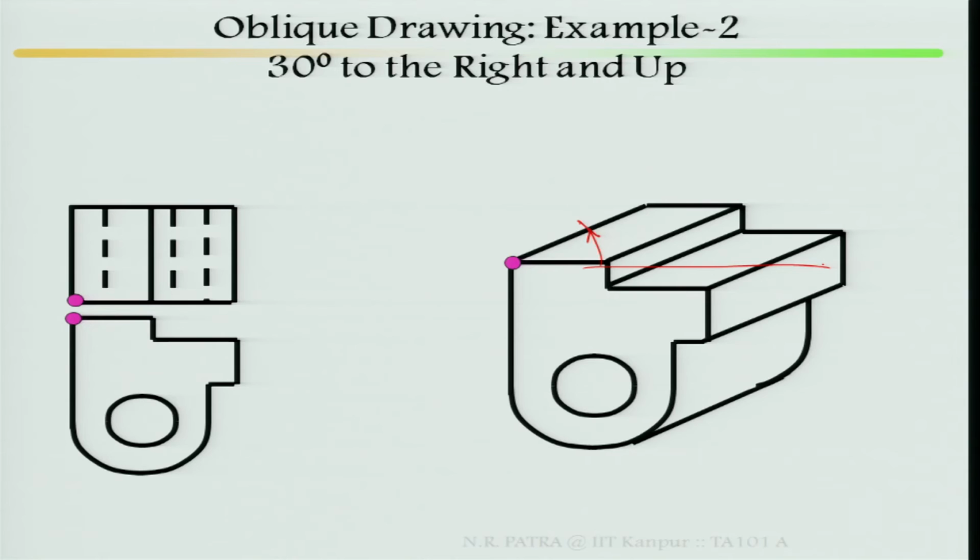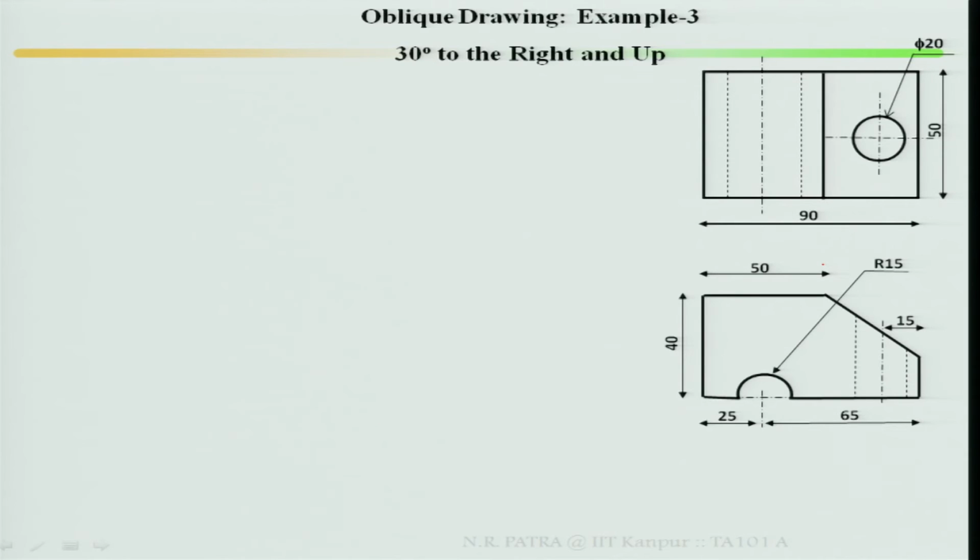How this object looks in an oblique drawing. Example 3, 30 degree to the right and up. Front view as well as top view is given, and all the dimensions have been given. If you look here, this is your width, this is your height, and this direction is your depth, because obviously this is your top view and this is your front view.